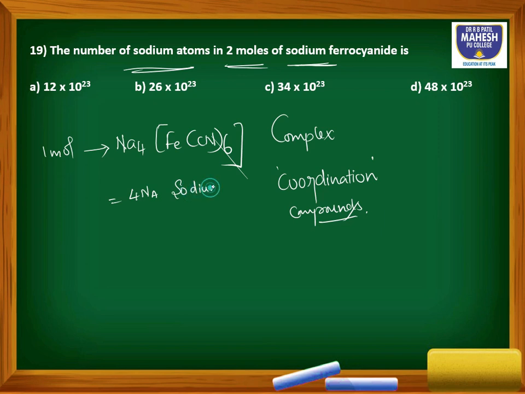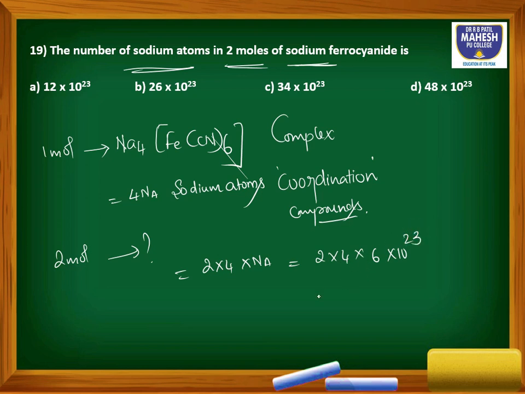Am I correct? Then they asked, 2 moles has how many atoms? So 2 into 4 into Avogadro number. So 2 into 4 into 6.022, let me write 6 into 10 to the power 23. 6 into 4 is 24, into 2 is 48. 48 into 10 to the power 23, we have option D.